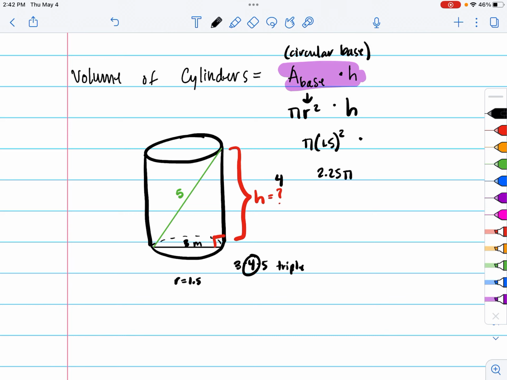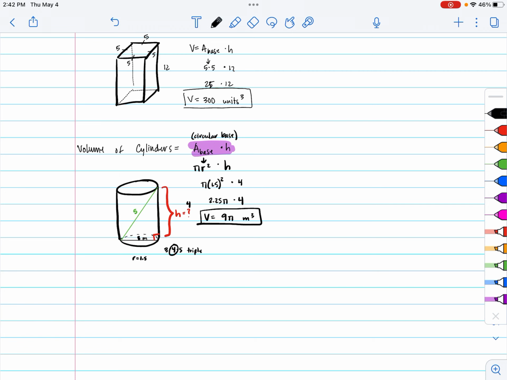Multiply that with the height that we just solved for, which is 4. And we get a volume of exactly 9 pi. This is measured in meters, so meters cubed. And we are done. Okay?